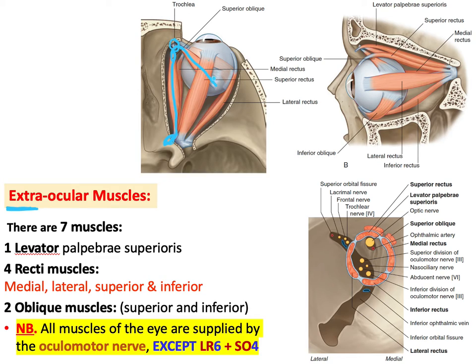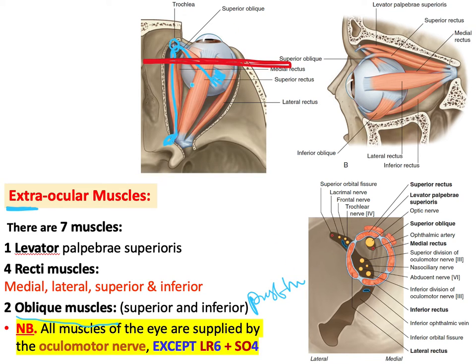And look at its insertion here. So again, if you draw the line to show the anterior half and posterior half of the sclera, so it's inserted in the posterior half. Oblique muscles inserted in the posterior half of sclera.